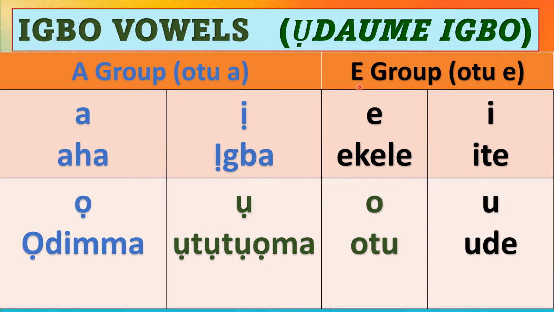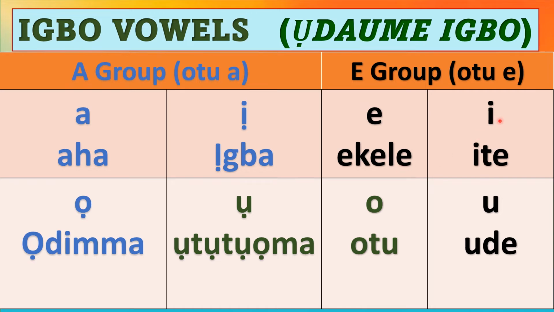Then we have the E group, otu E. So they are e, o, u. I also listed an example of words that start with each E group letter. As in ekele, which is greetings.